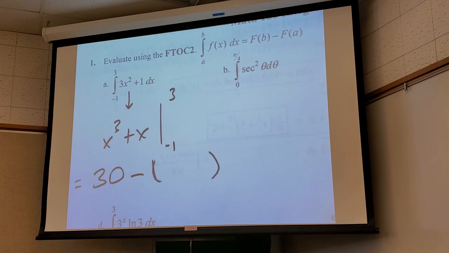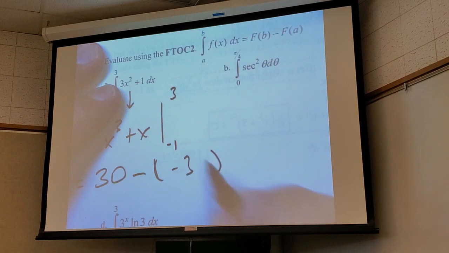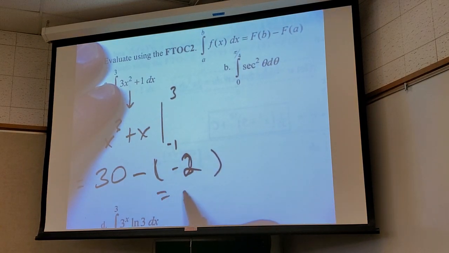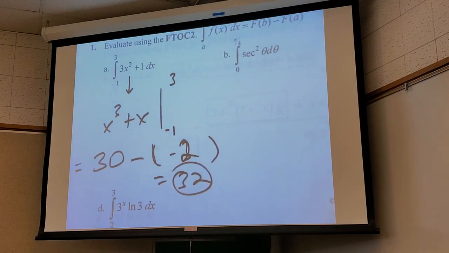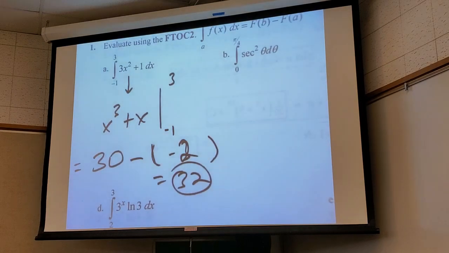So be careful, you got to have a minus and then the actual value when you put a negative 1, and when I put a negative 1, I get negative 2. So 30 minus negative 2, check, is 32. Then again, put that under y1, second count, integral, negative 1 through 7.